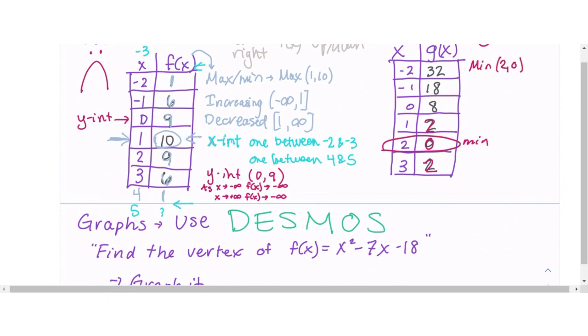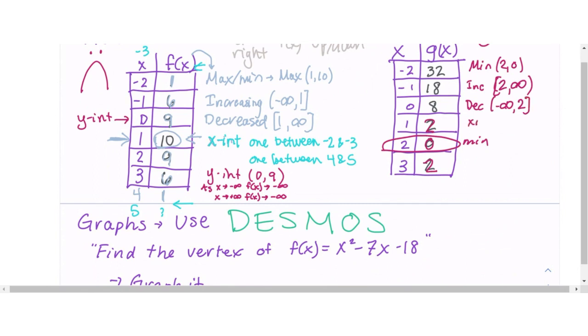It's decreasing from negative infinity to 2, because 32, 18, 8, 2, that's getting smaller, and then it's increasing from 2 on.